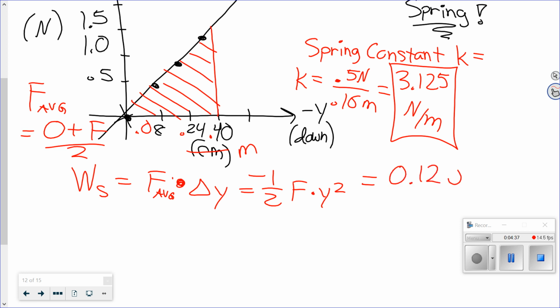And if I did 1/2... oh, it is F times y. Excuse me, because this is 1/2 ky squared. Don't let me mess up. I did. I'm bad. 0.5 times 1.5 times 0.4 centimeters, which is 0.3 joules. Okay, that's better.